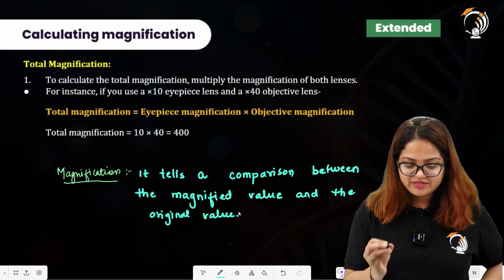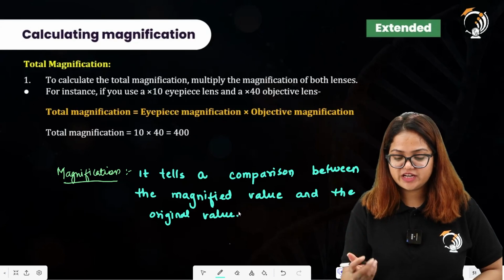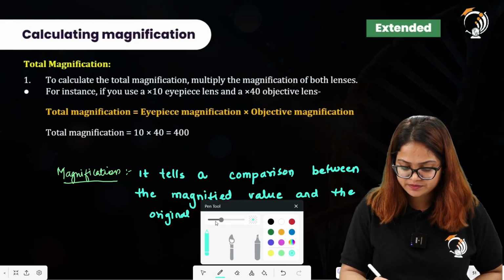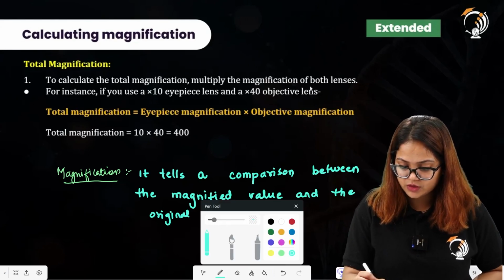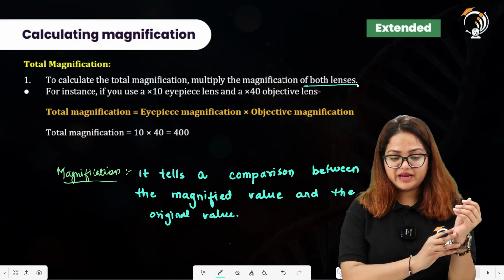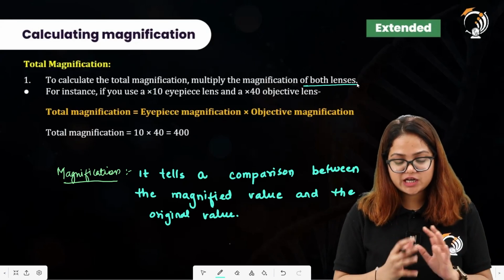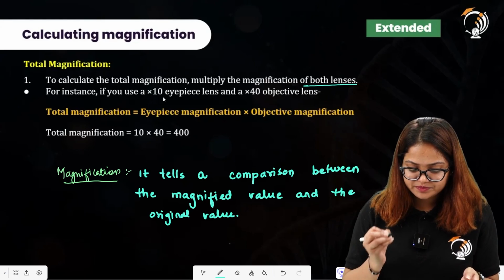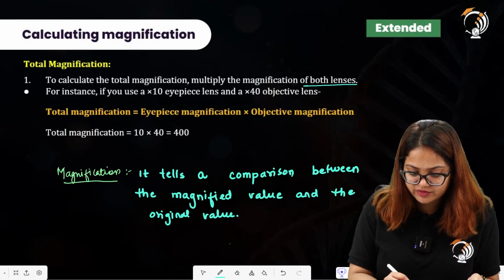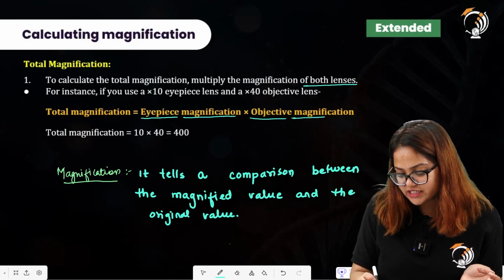All right, we have the formula defined here. To calculate the total magnification, multiply the magnification of both lenses. So the magnification can be calculated by using this formula: eyepiece magnification multiplied by the objective magnification.